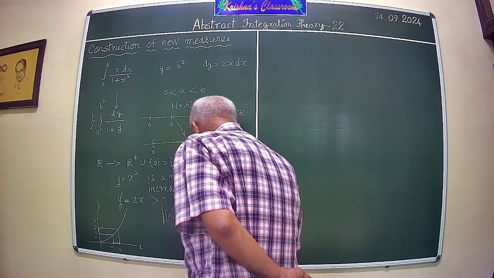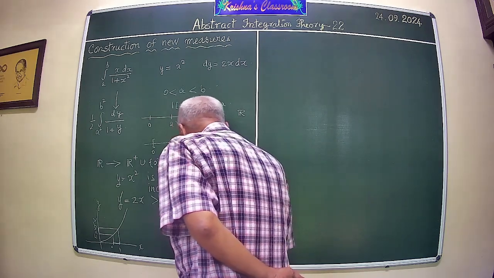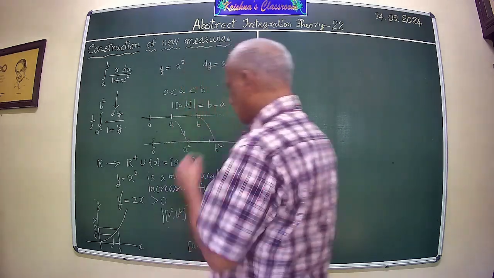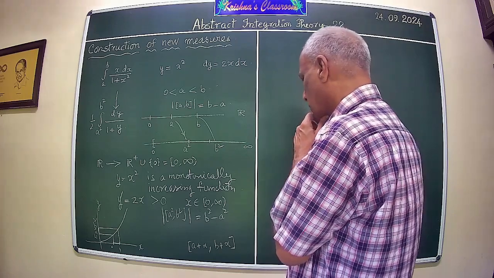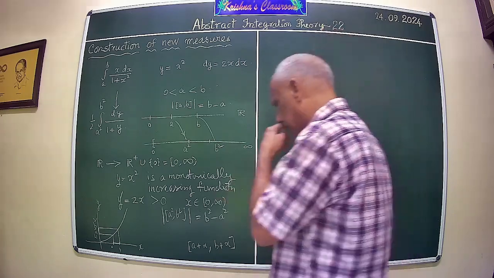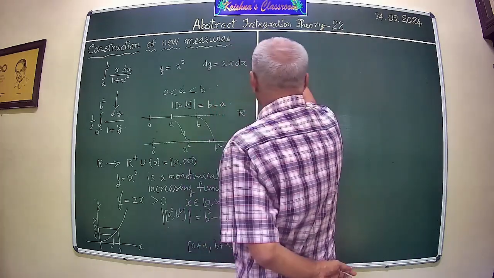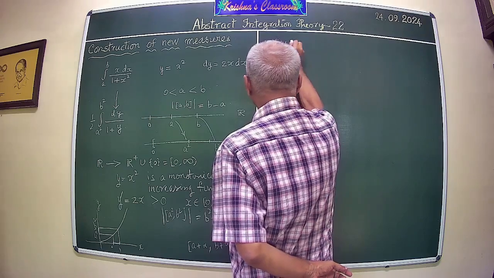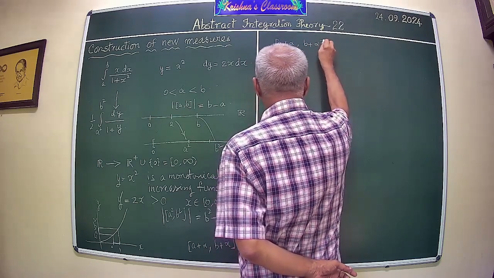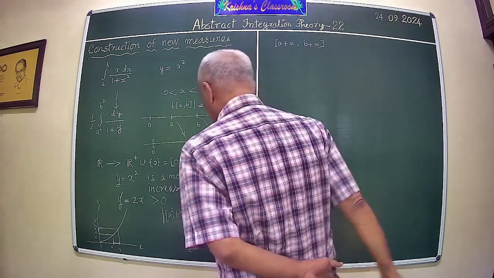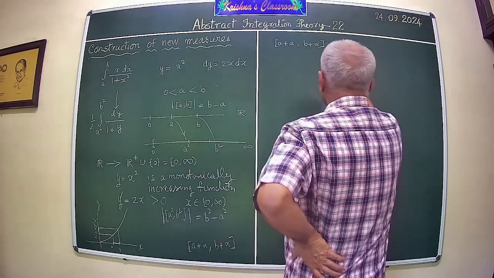Now you take the mapping of this. Where does it go to? Under this transformation, the translate of this interval gets mapped to a plus alpha square to b plus alpha square.